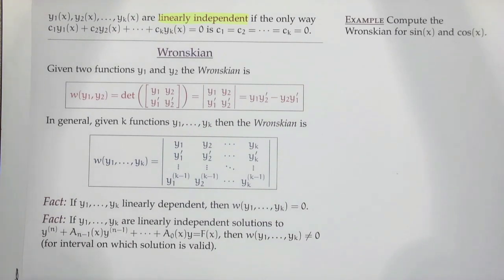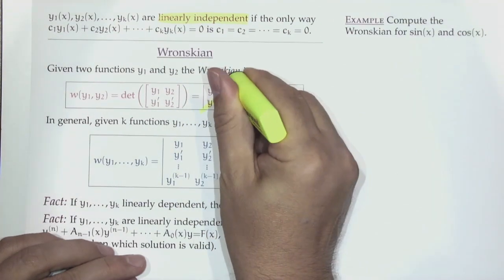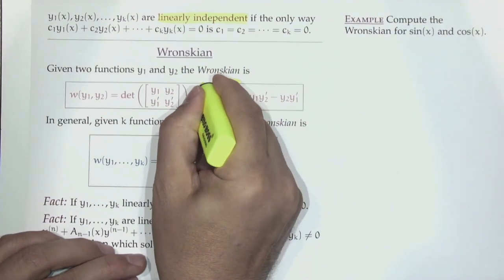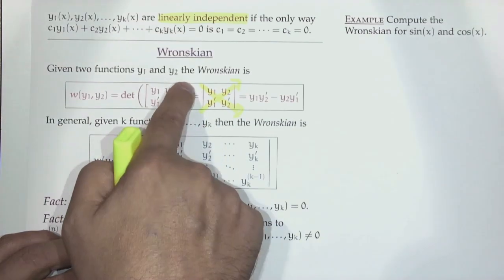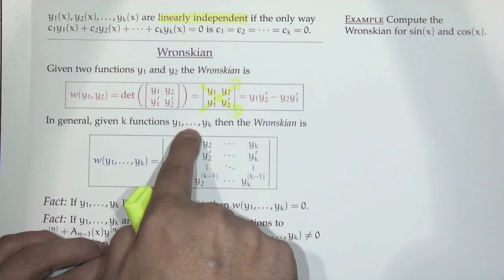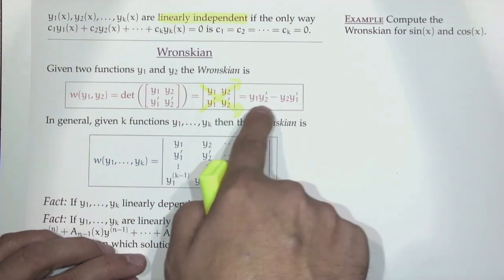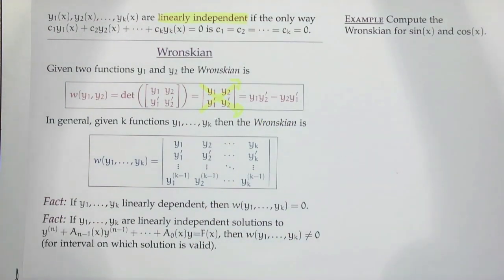After you set up your matrix, there's something called the determinant, which says, I don't want a matrix, I actually just want a single quantity, in this case a function. Now, for a 2 by 2 matrix, the rule is you go up one way and down the other way. You add the stuff in the down diagonal, that's y1 times y2 prime, and subtract what you had in the up diagonal. So this is the Wronskian of 2 functions.